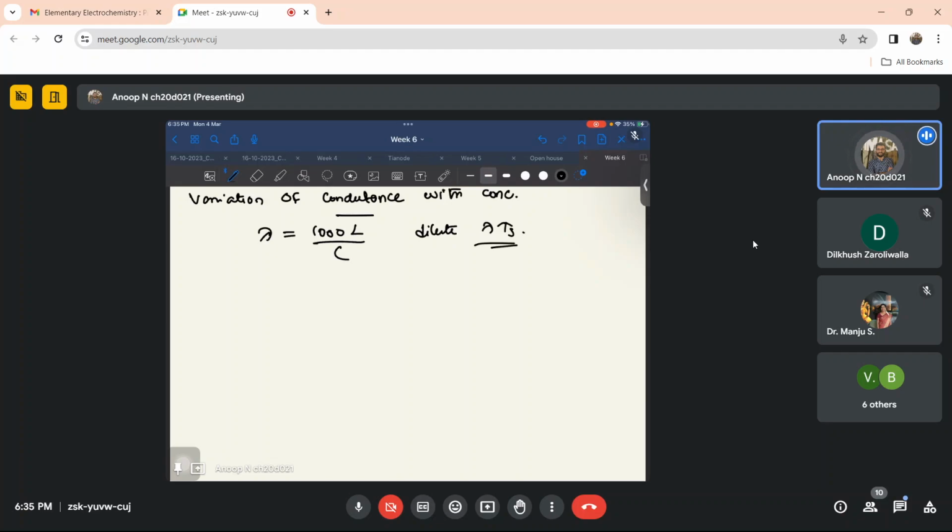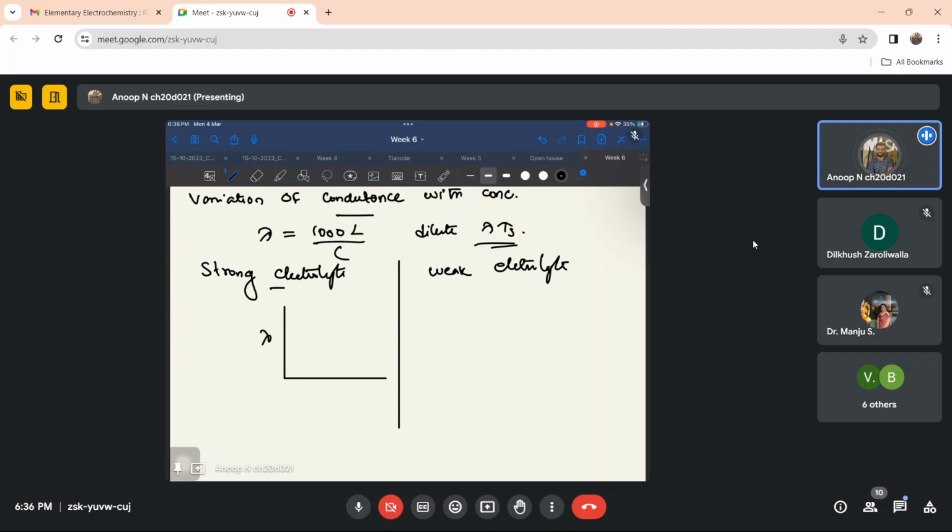But this relation is not the same for strong electrolyte and weak electrolyte. So what's the difference? For a strong electrolyte, if you plot lambda versus root of concentration, how will the plot be?